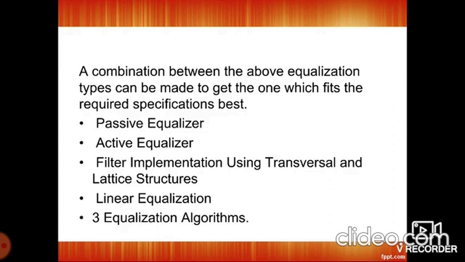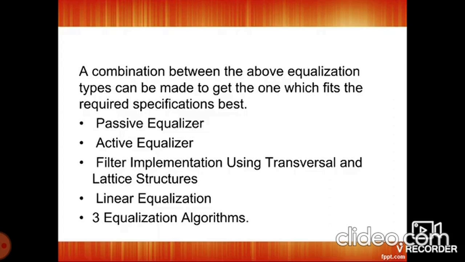Pre-channel equalization requires feedback to know the amount of distortion in the received data. The combination of equalization types can be made into one which fits some specifications, that is passive equalizer and active equalizer.